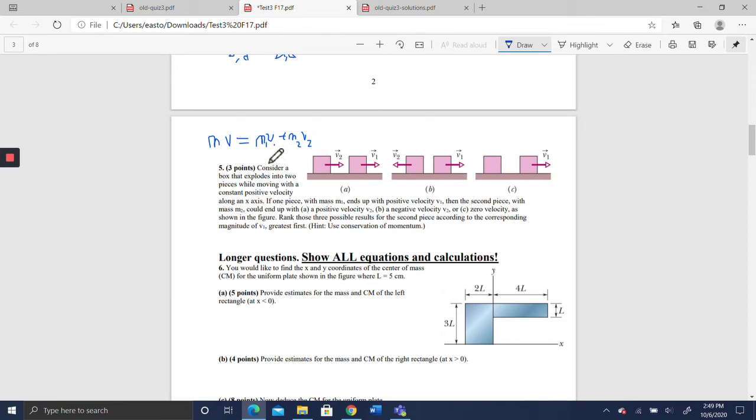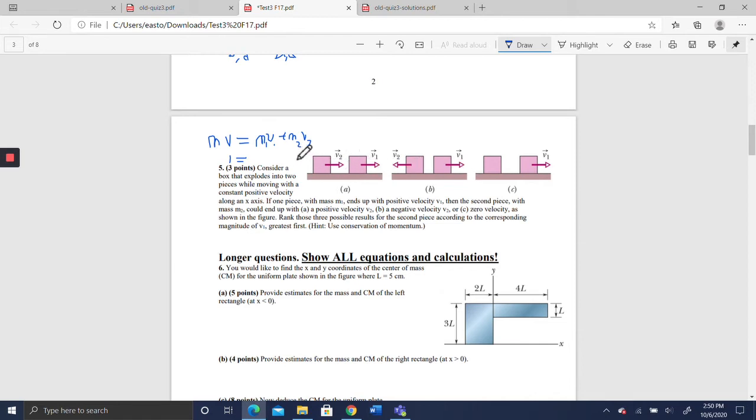So let's say that all the masses are 1 and your initial velocity is 1. We have 1 here. Now let's figure out the impact that changing the velocity for 2 has on velocity 1.